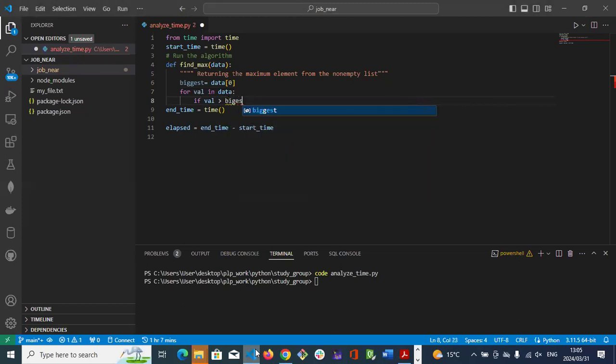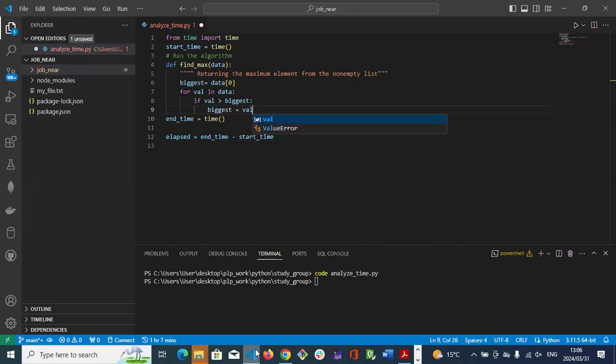If val is greater than biggest, then we say the biggest is given to val.